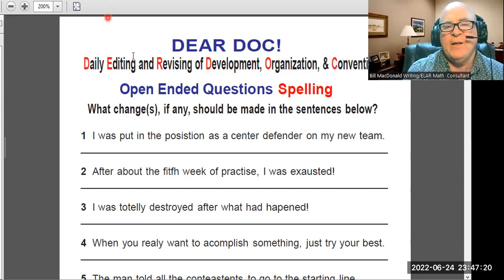So from page 90 to about 106, you'll see about 16 pages where every single page has about 10 sentences with spelling errors. And if they made a mistake in something else, I just eliminated that mistake so that we could focus on just one skill at a time.